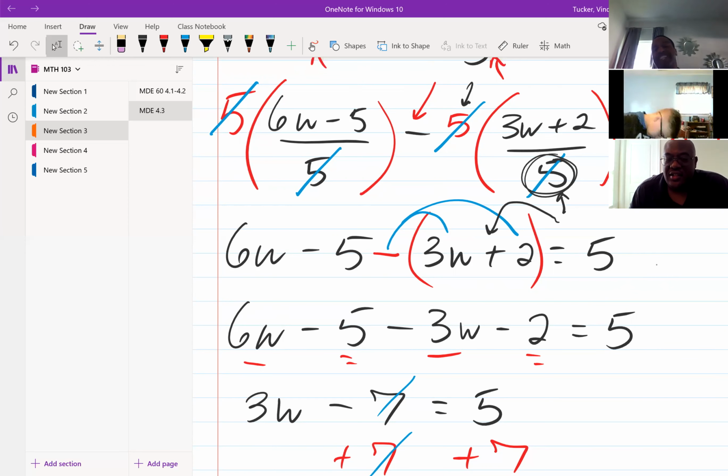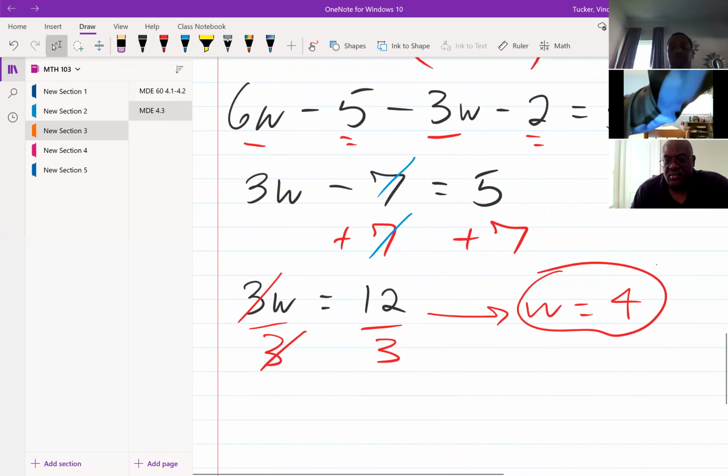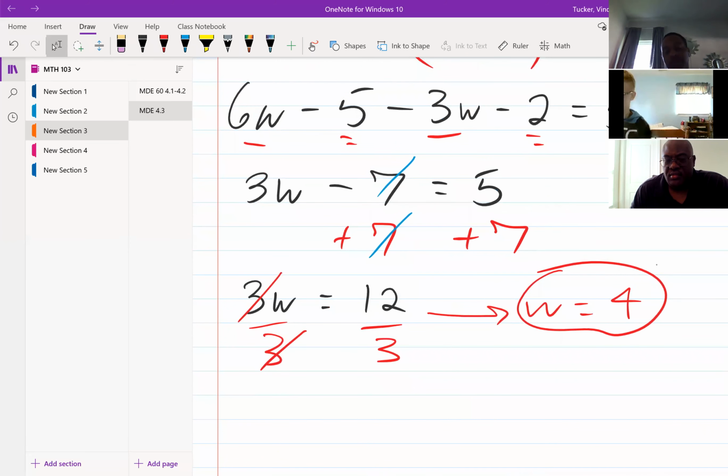But if you chose to use a minus 5, as long as you multiply each term by that minus 5, just like we did a positive 5, you will still keep your equivalency, and your final answer will still be w equal to 4. Because I had a problem doing this while doing the homework. Gotcha. So we shouldn't be multiplying by a negative. We should be using positives. Here we go.